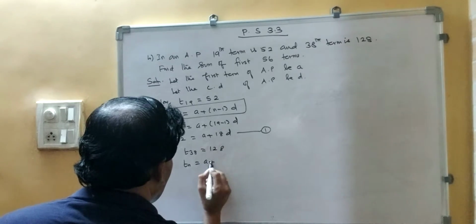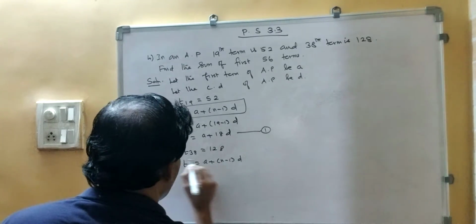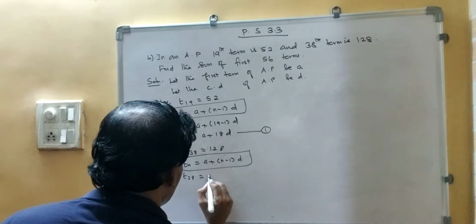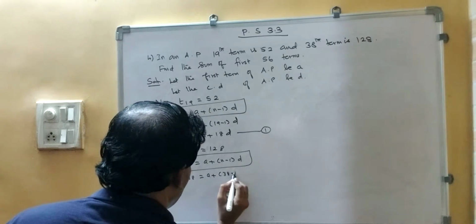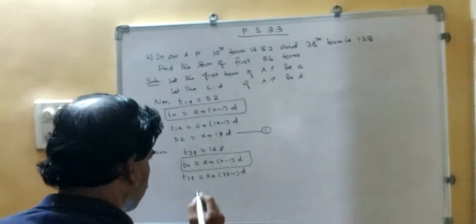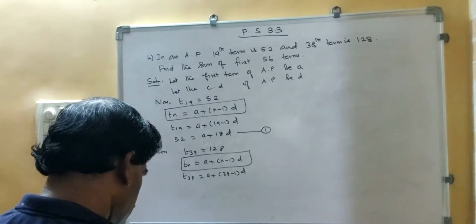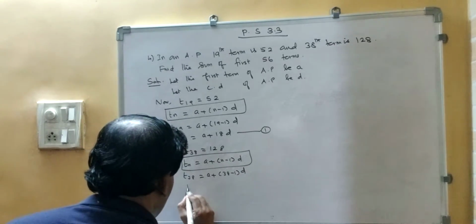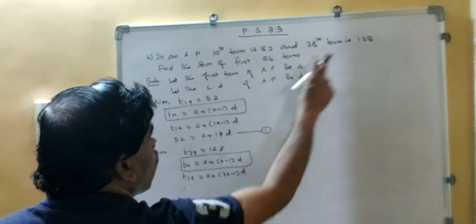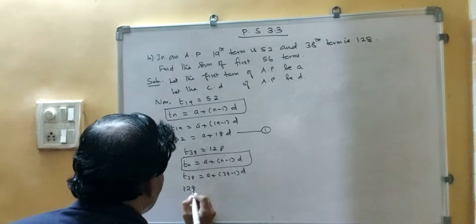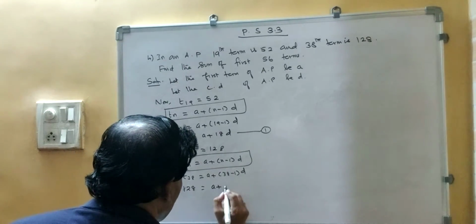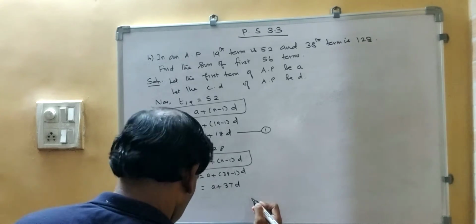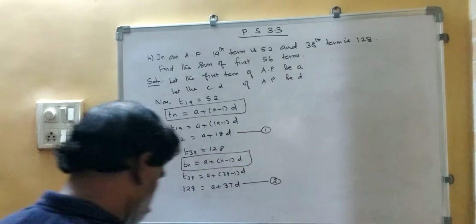Tn equal to A plus (n minus 1) into D. So T38 equal to A plus (38 minus 1) into D. So what is the T38 now? 128 equal to A plus 37D. This is equation number 2.